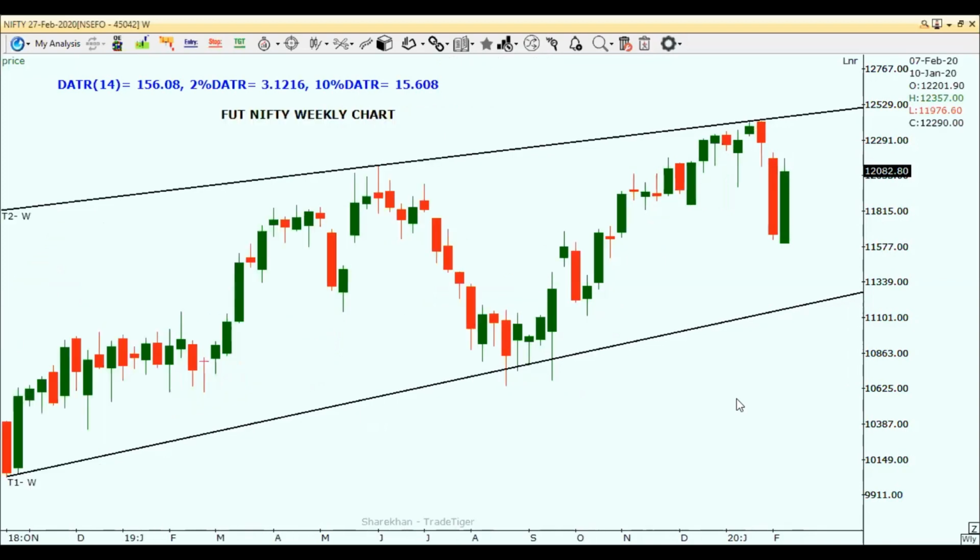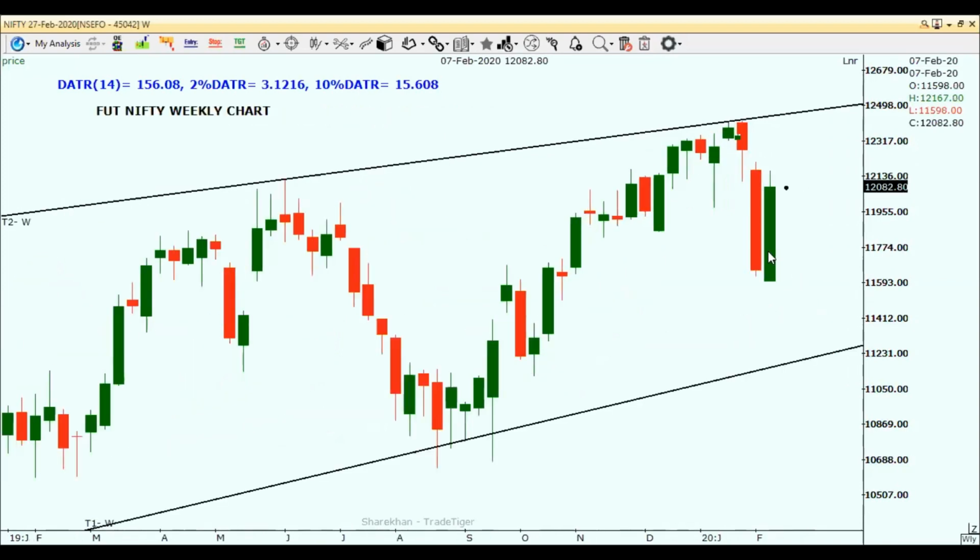So currently, when you look into the weekly chart, you can see after a big fall during the budget time, there is a recovery. In this week, it is showing a clear signal of a candle pattern called piercing pattern.